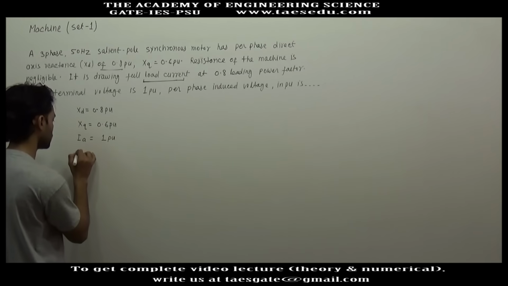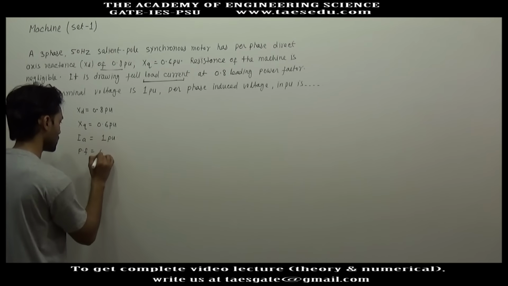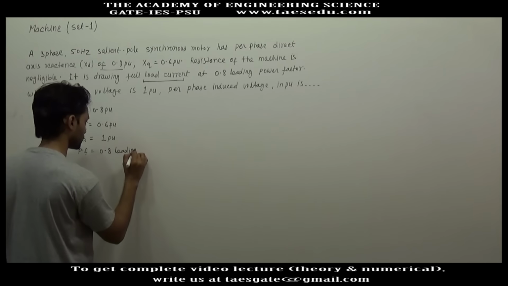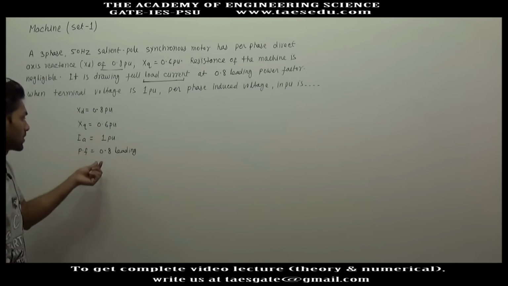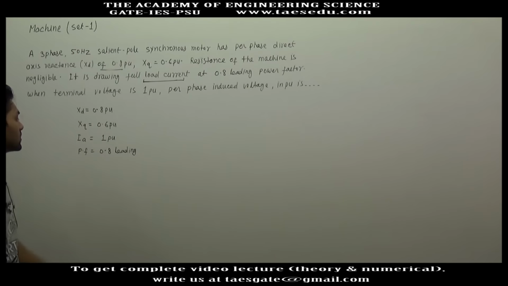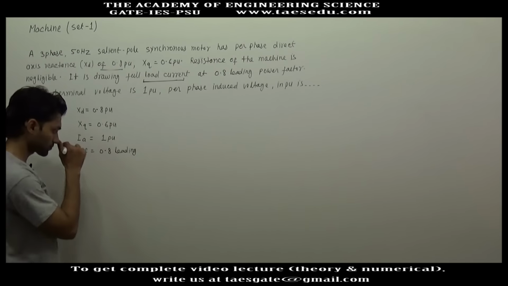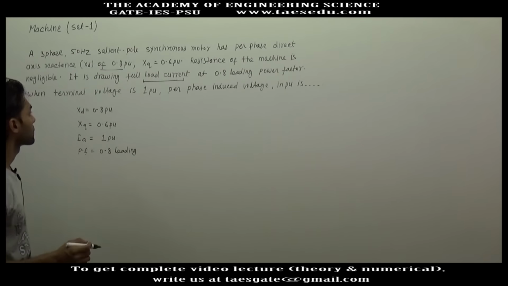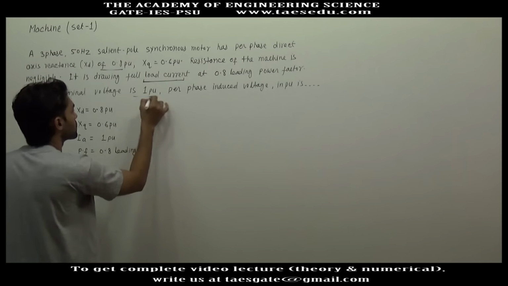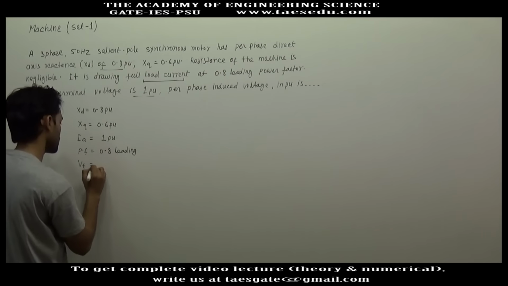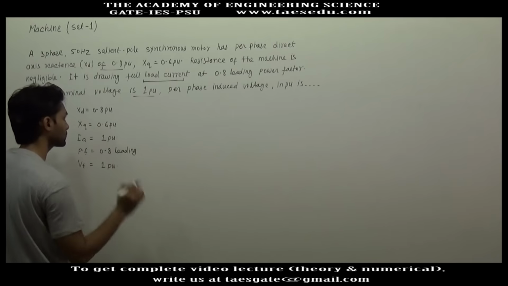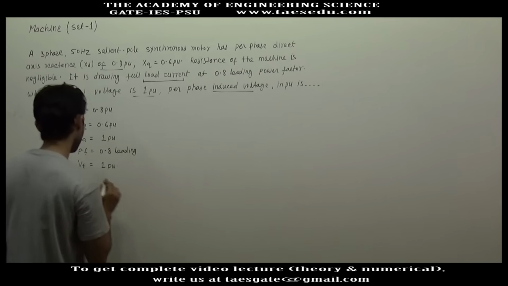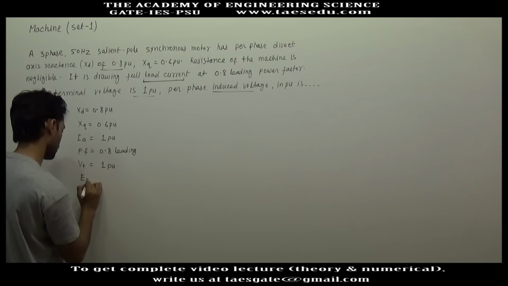Power factor is 0.8 leading. It means the armature current will lead the armature voltage by 36.86 degree, and terminal voltage is given as 1 pu. Then we have to find out the induced voltage, induced voltage means EF.